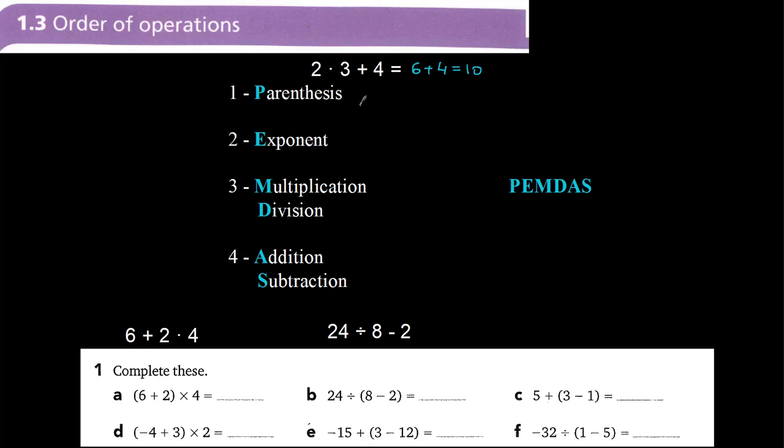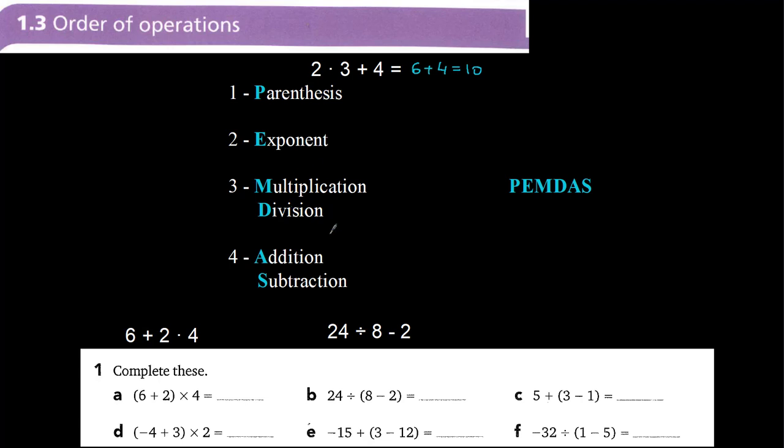When we have operations, first we have to solve the parentheses. I'm going to explain what these mean. We are going to solve the parentheses, then continue with the exponents. So if there are parentheses, first solve parentheses, then exponents, then multiplication or division. They are together. Which one is first?